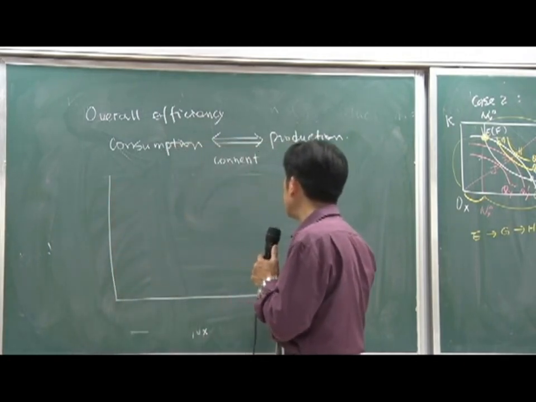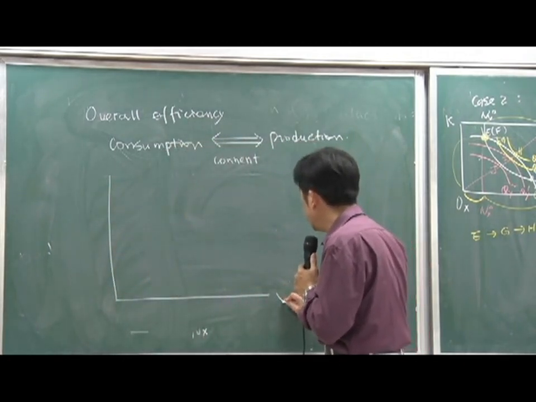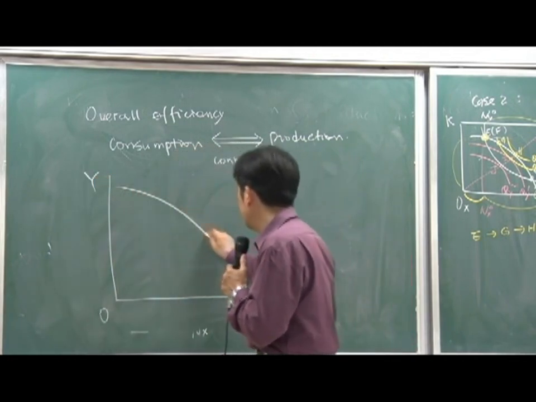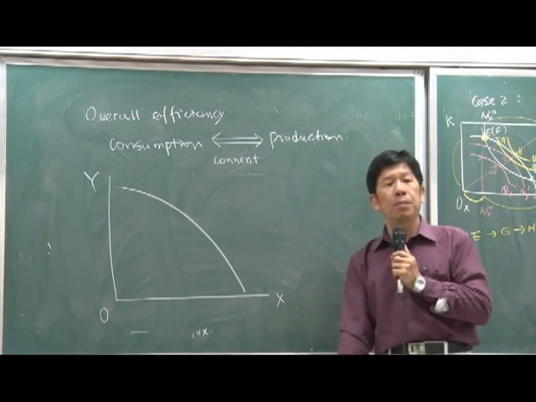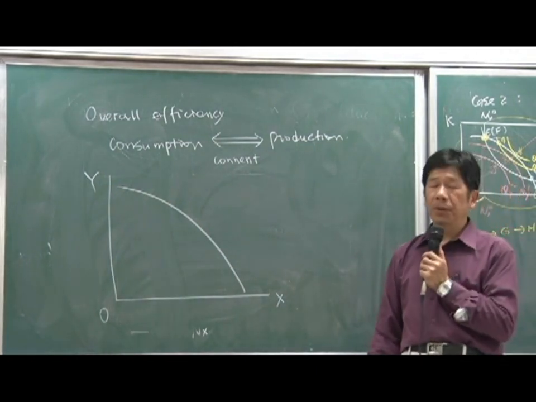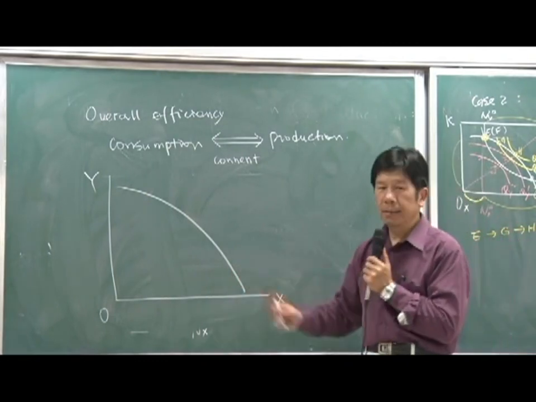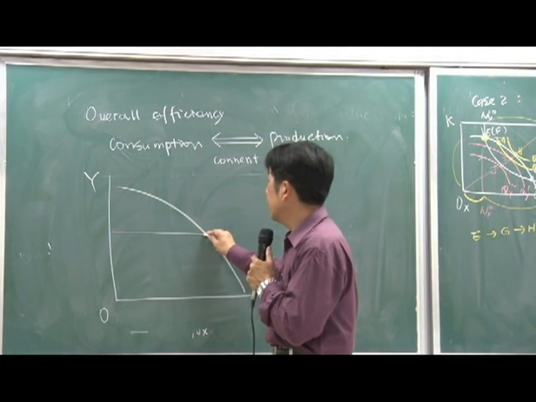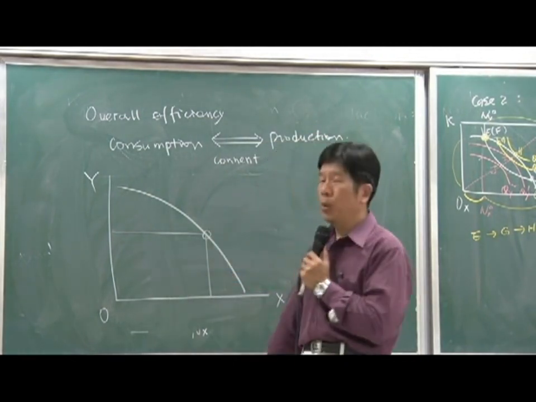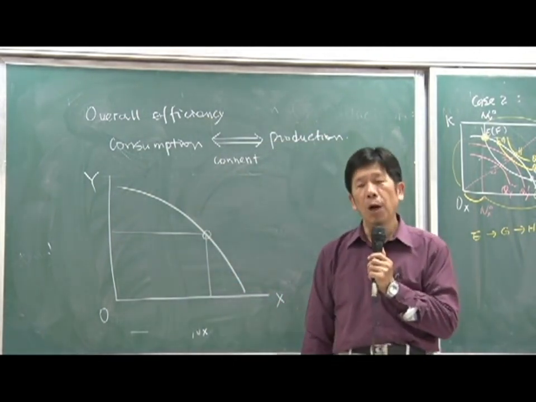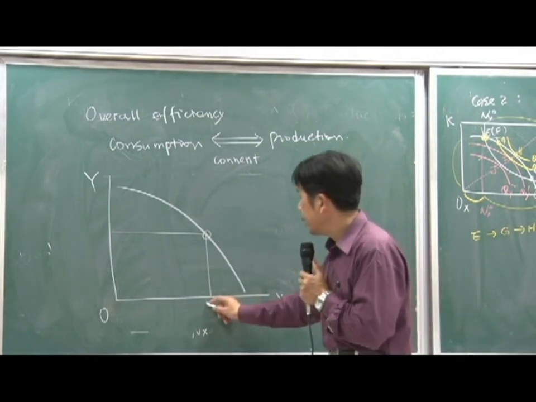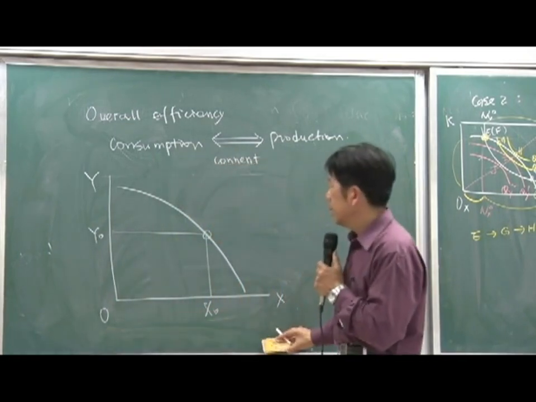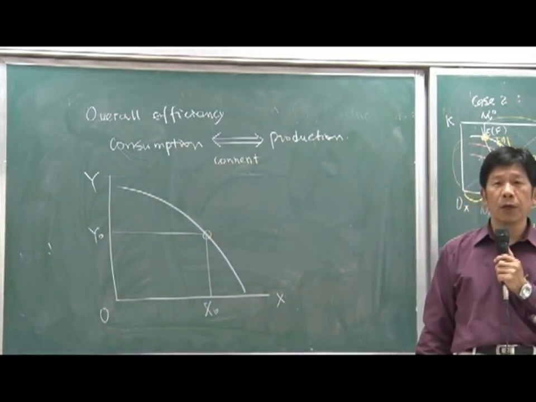Like here, this is X, this is Y. So we have the PPC, the possible production curve, like here. For example, now here, because we use the efficiency of production to have X0 and Y0, these commodities.